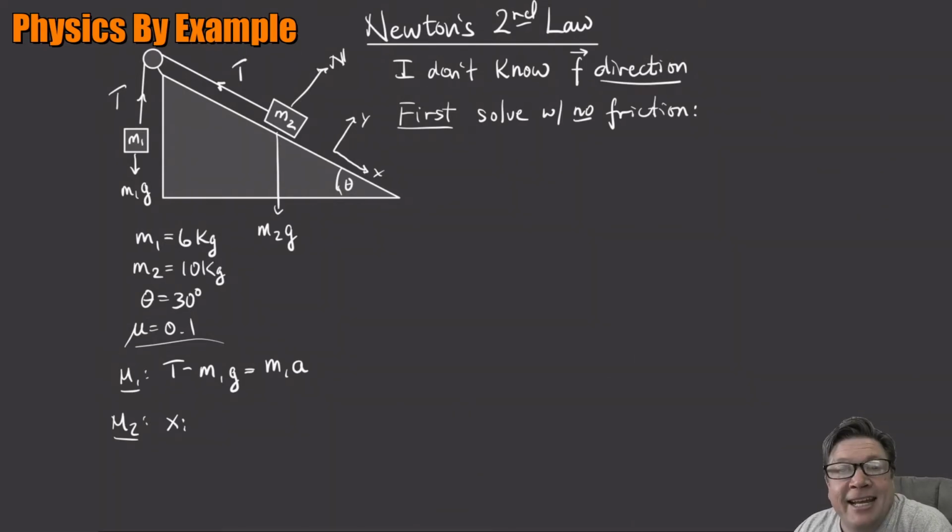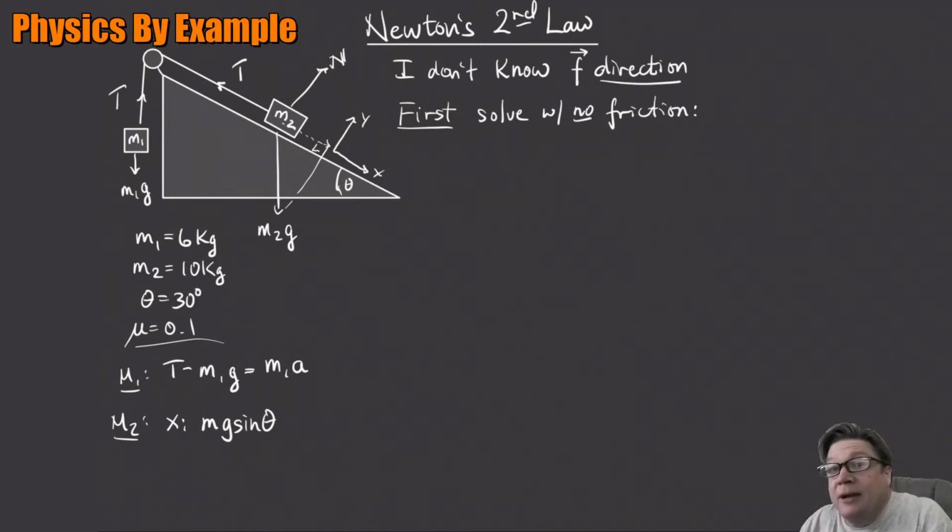So in that X direction for M2, what we said was gravity acting down the plane. Here's gravity acting straight down, but I want the component of gravity acting down the plane. What we said last time was that that was mg sine theta.